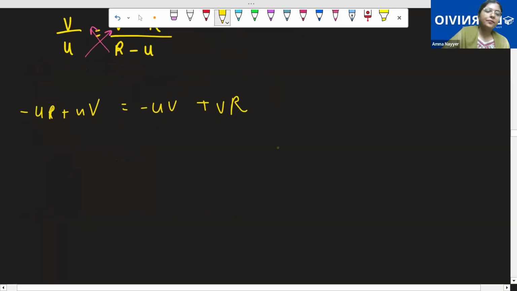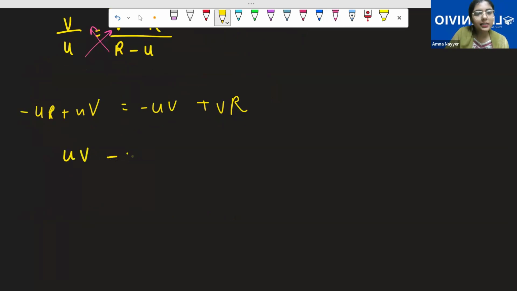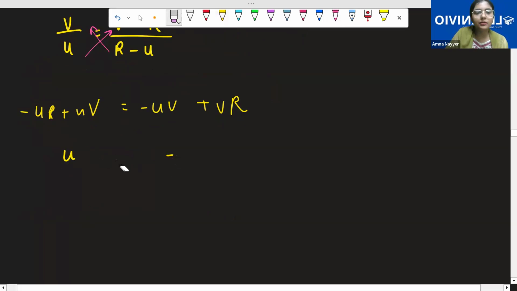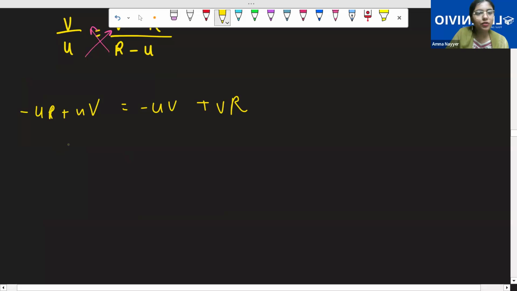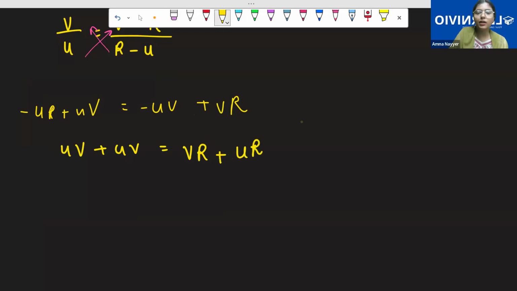Now, see, this is the equation. Let me write the terms properly. Let me shift the terms, and write the R terms together and UV terms together. So I can say UV plus UV is equal to, when it goes on the opposite side, VR minus VR plus UR.